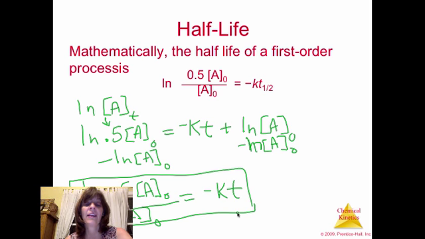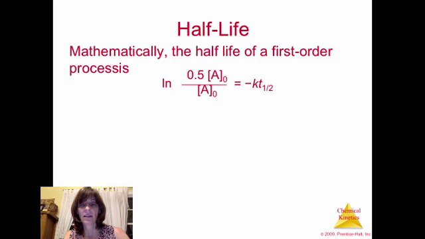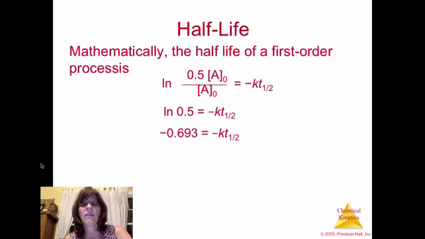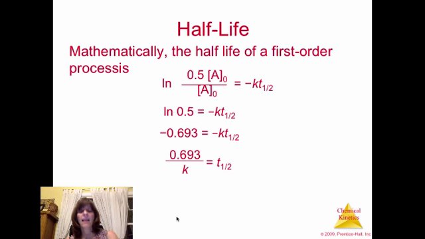Now we can simplify that even further, as you can see, by canceling the original concentrations, rearranging and solving for negative 0.693 as the natural log of 1/2, moving the negative sign and the rate constant, and you get a half-life of 0.693 over k.